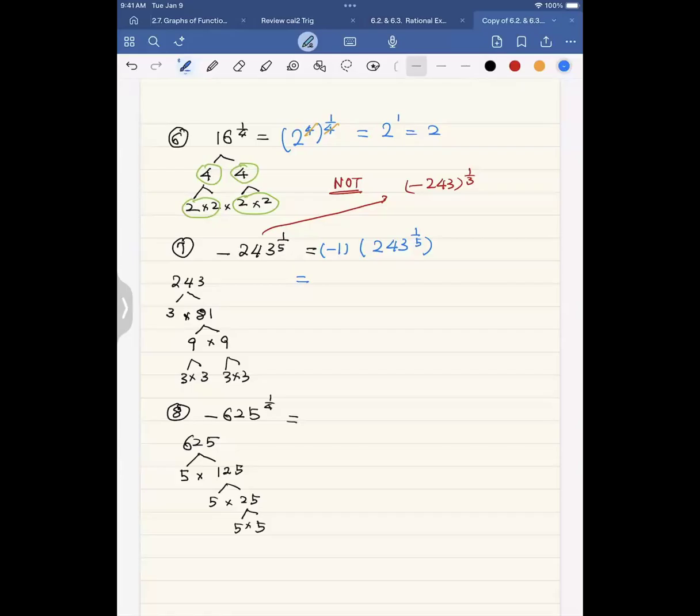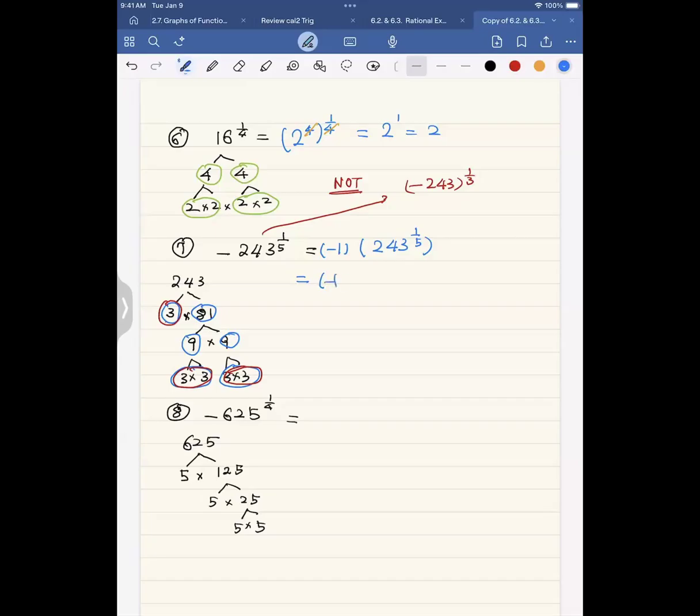When we decompose 243, that is 3 times 81. 81 is 9 times 9, and 9 is 3 times 3. So what we can say is 243 is 3 to the fifth power because 3 appears 5 times.